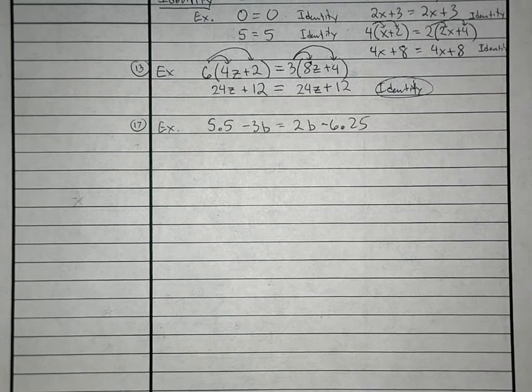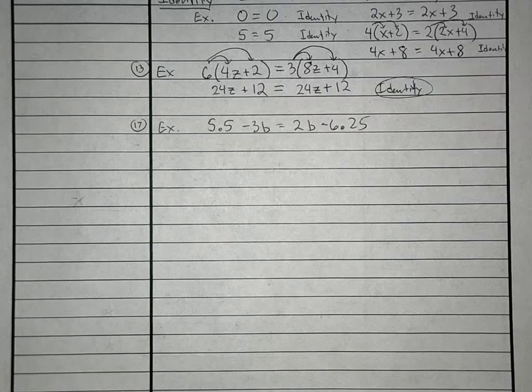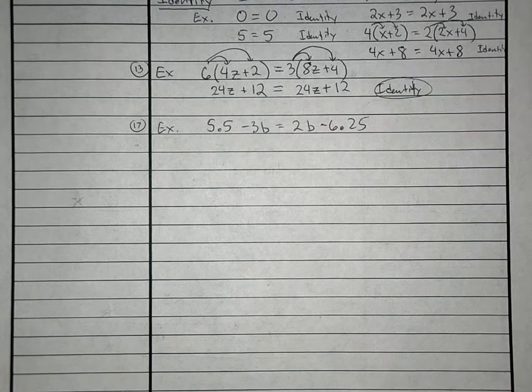I recommend always try to get a positive b value, just because you're less likely to make a mistake on negatives than positive. So instead of moving the 2b, let's move the 3b instead. It's technically smaller anyways because it's on the left side, negative 3b.